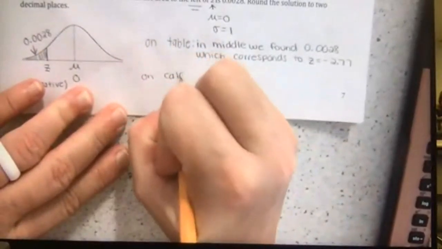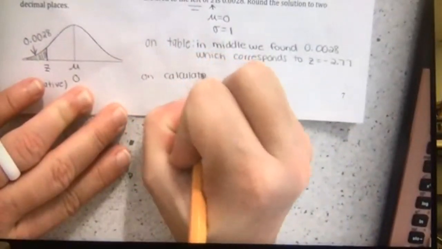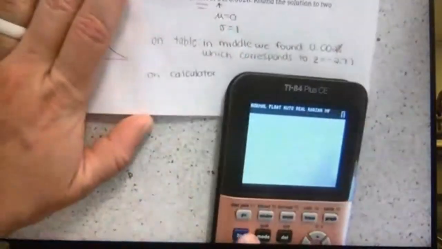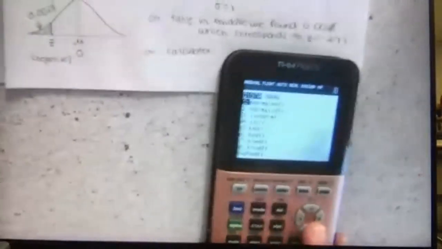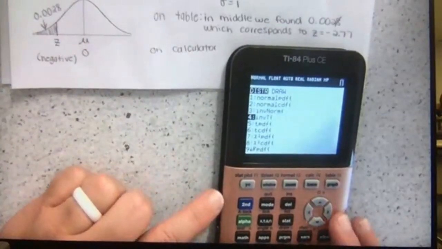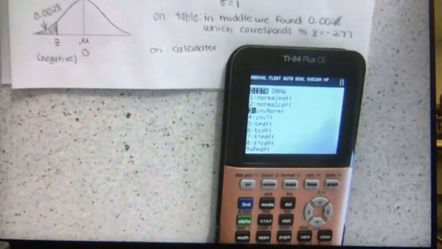On our calculator, let me show you how we're all going to do it. Let's be honest. On our calculator. Again, we're going to go to second vars. And then notice down, it says inverse norm. We're doing the opposite. The opposite is the inverse of normal CDF.